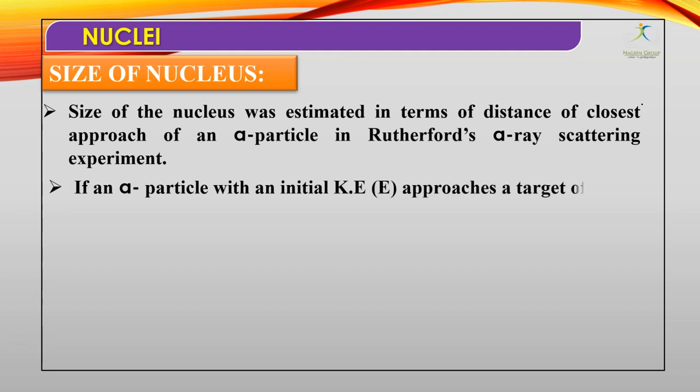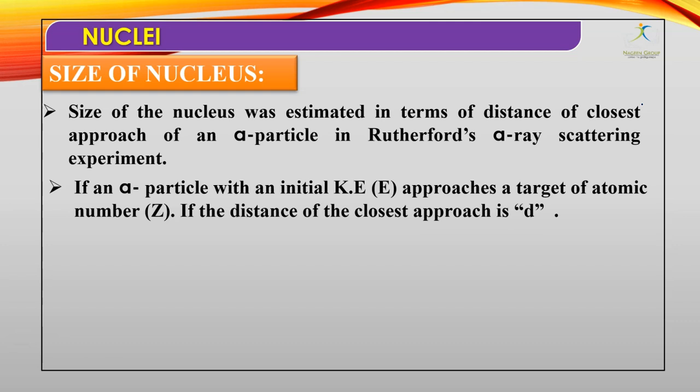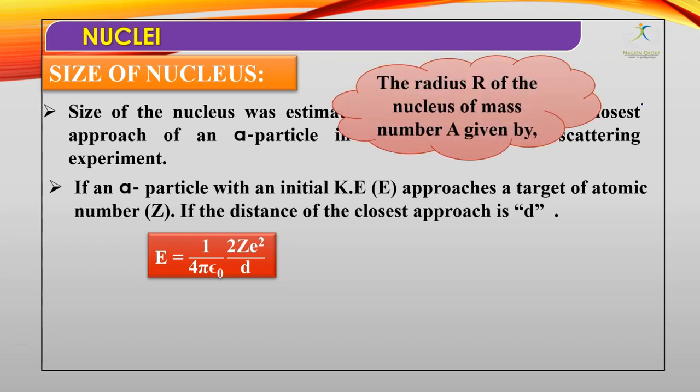If an alpha particle of kinetic energy E approaches a target of atomic number Z, and the distance of closest approach is d, then the value of E comes as 1/(4πε₀) × 2Ze²/d. I think, students, you have heard about Coulomb's law. I just took this from Coulomb's law: E equals 1/(4πε₀) × Q1Q2/R².